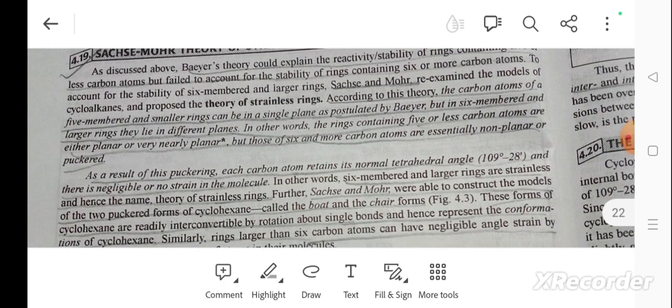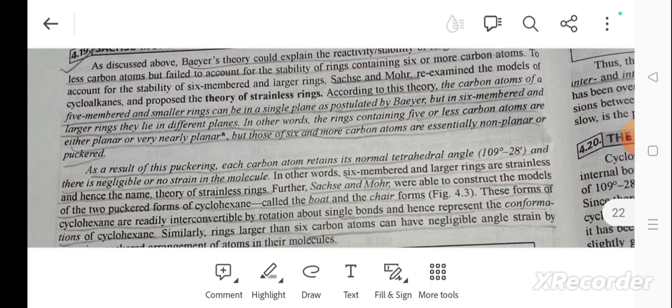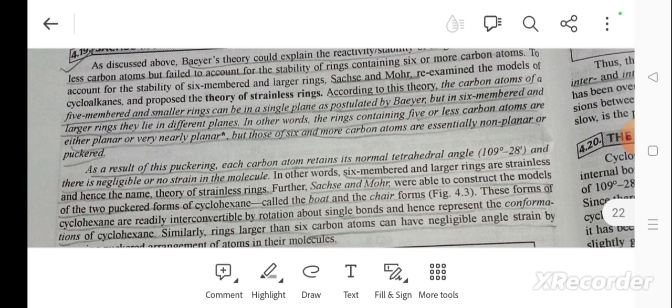According to this theory, carbon atoms of five-membered and smaller rings can lie in a single plane as postulated by Baeyer, but in six-membered and larger rings they lie in different planes.